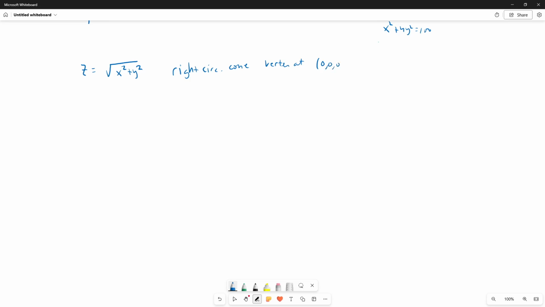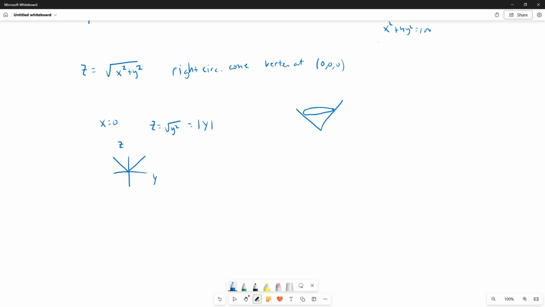So this goes through the origin, and the traces, if we let x equals 0, the trace in the yz plane would be z equals the square root of y squared, which is the same as the absolute value of y. So z equals the absolute value of y, which, if this is y and this is z, looks like this. And that looks like a cone.